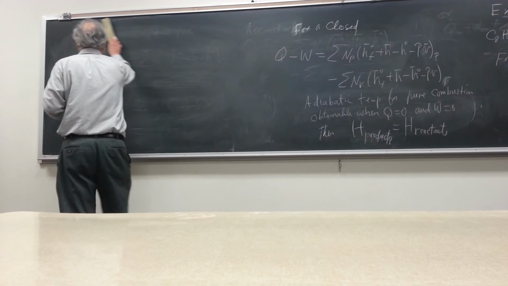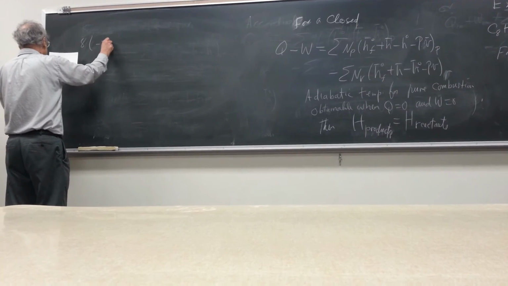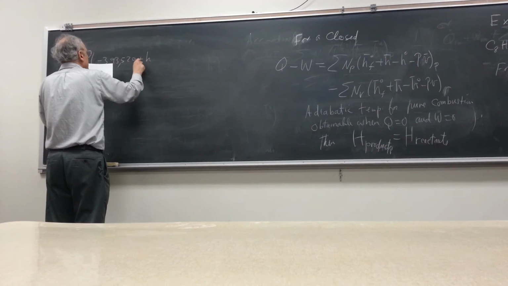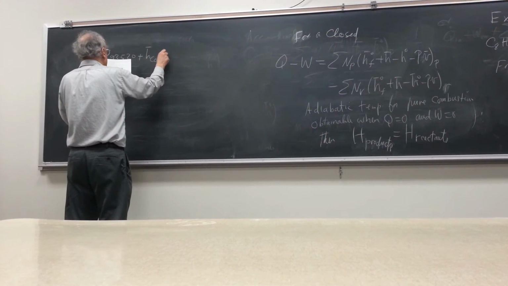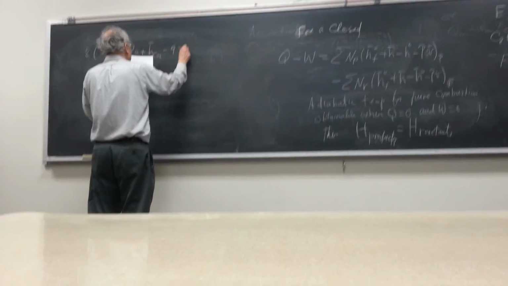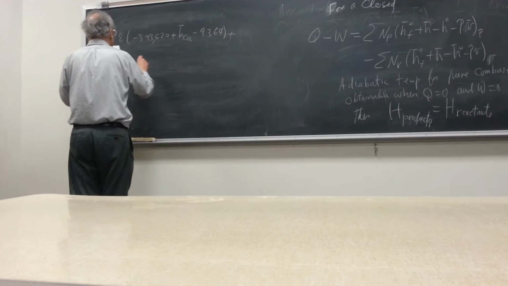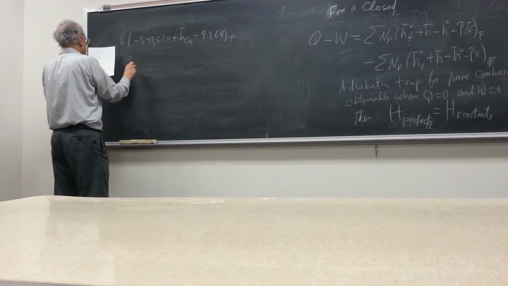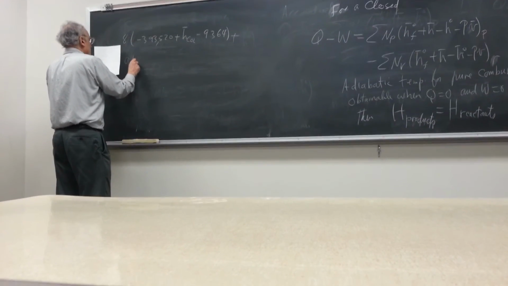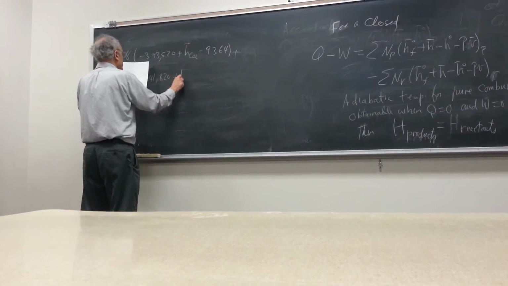We get 8 times minus 393,520 plus h-bar of CO2 minus 8 times 9,364 at 25 degrees, CO2 has 9364, and then for water we have 9 moles multiplied by minus 241,820 plus h-bar H2O.